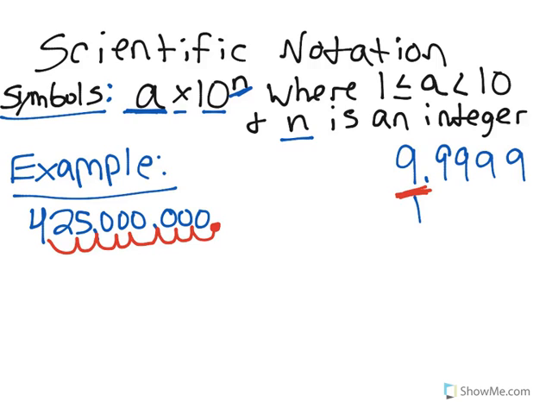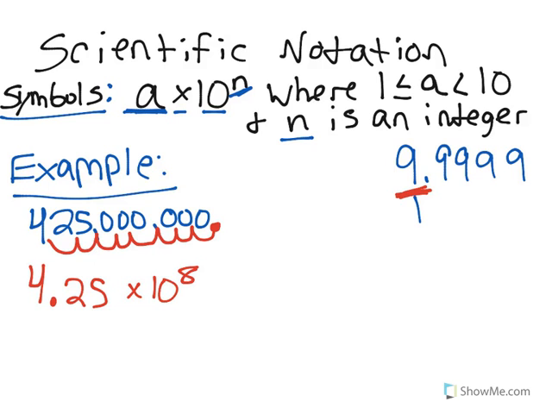We would have to move it 8 times. So as scientific notation, we have 4.25, since that decimal is between the 4 and the 2, times 10. Now, in order for our 4.25 to get bigger, back into 425 million, the exponent on the 10 has got to be positive, because we've got to be able to make it much larger.